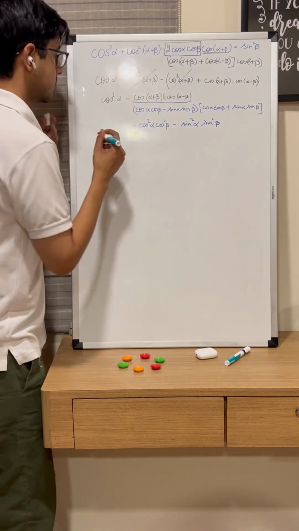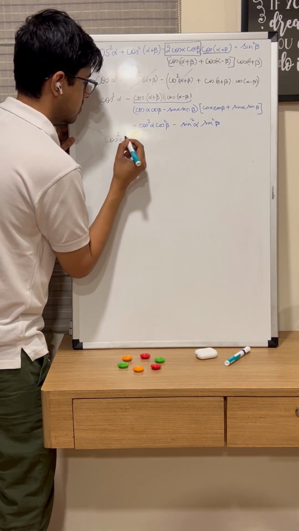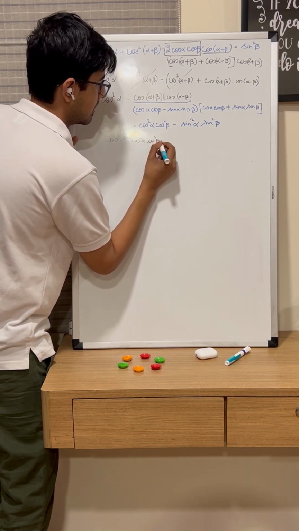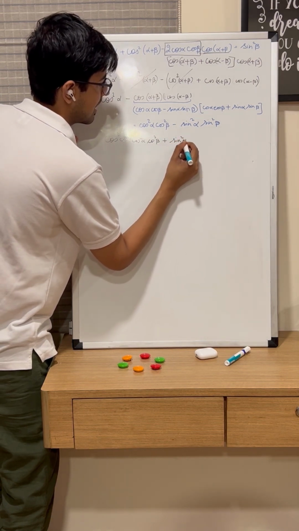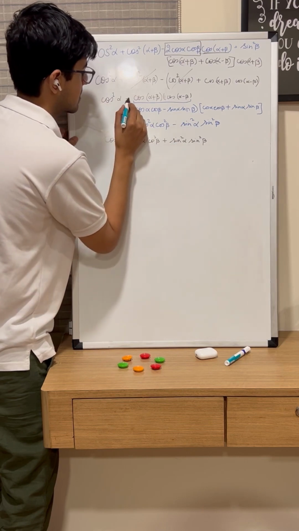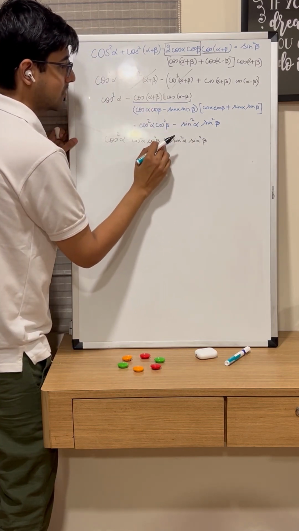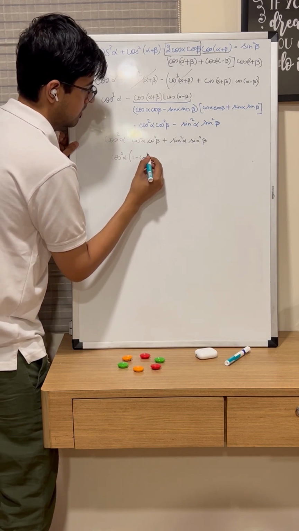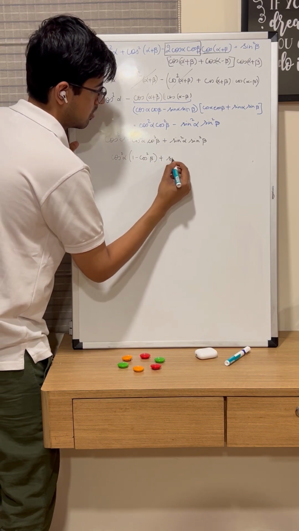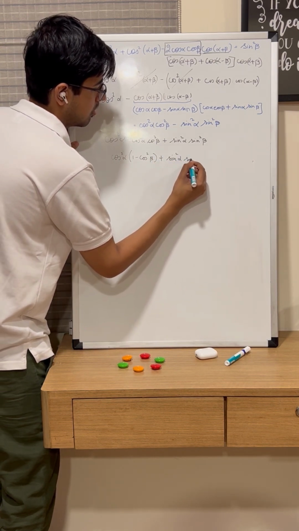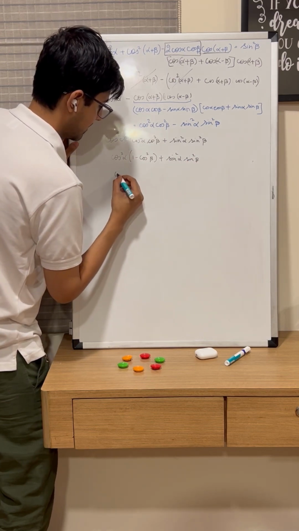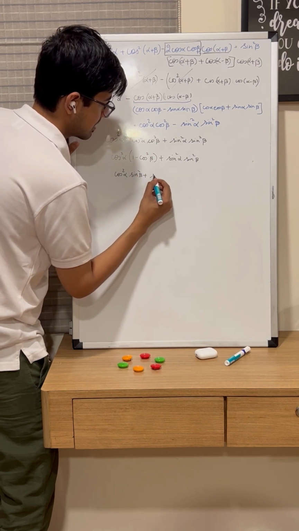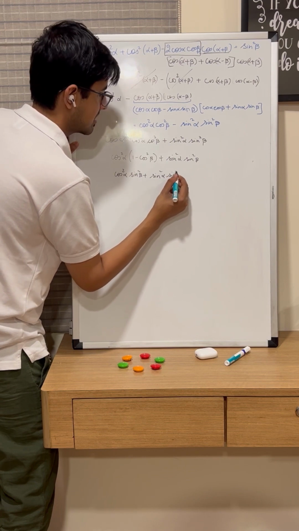And which brings me to the fact that my entire expression translates to cos square alpha minus cos square alpha cos square beta plus sin square alpha sin square beta, because this minus multiplies with this and this becomes a plus while this becomes a minus, which I can write as cos square alpha into sin square beta plus sin square alpha sin square beta.